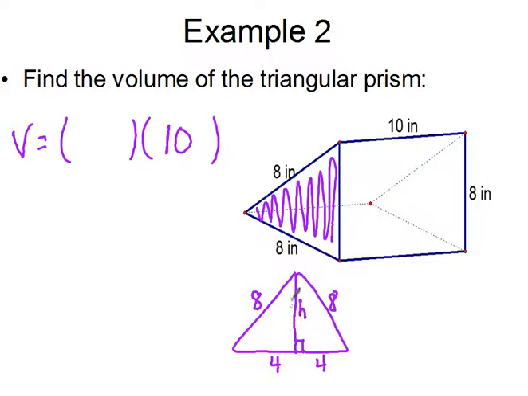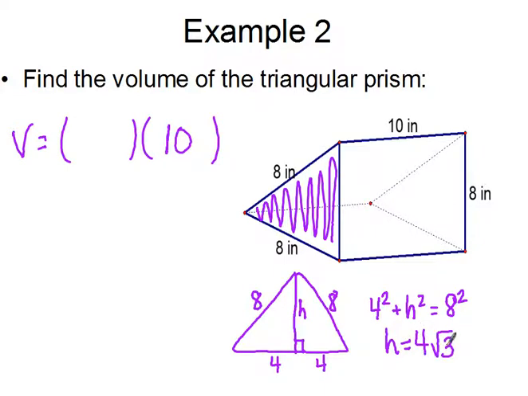So in order to find h, you kind of have to do a little work. You need to bring back chapter 8. I would do the Pythagorean theorem. So do 4 squared plus h squared equals 8 squared and figure it out that way. You can also do a 30-60-90 because it's an equilateral triangle and that's how it works out. However you feel the need to do this. Alright, so if we work the Pythagorean theorem, h is 4 root 3.